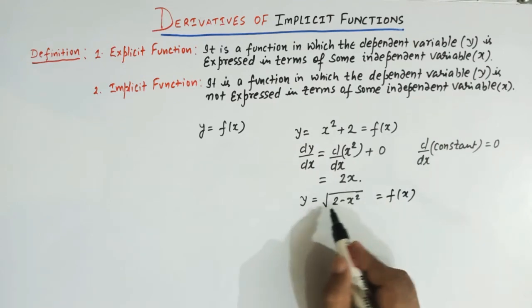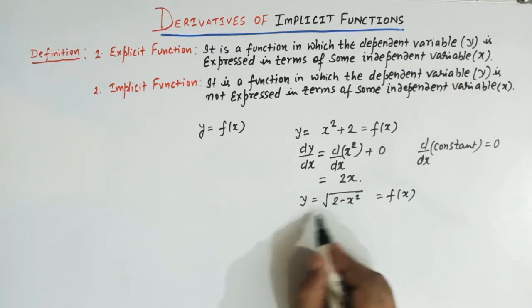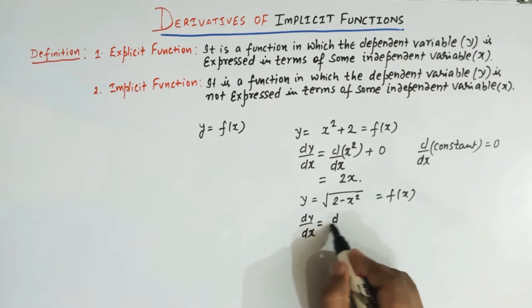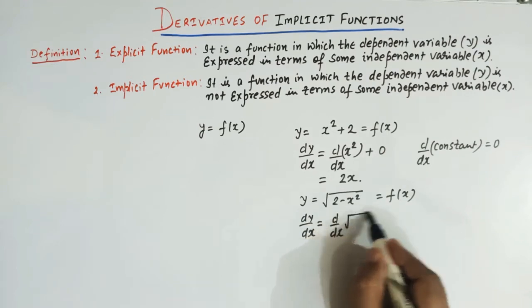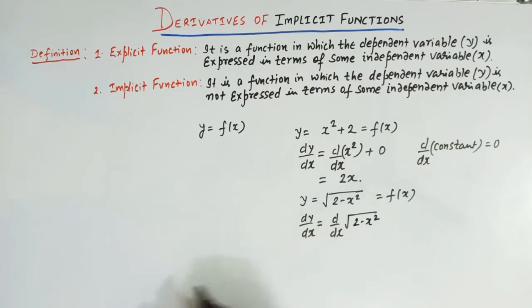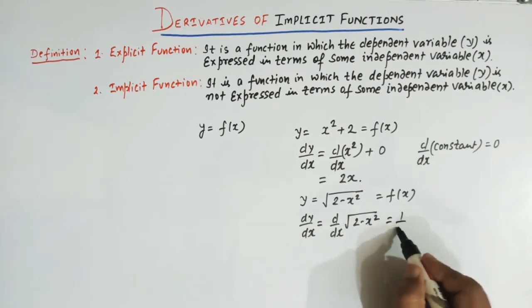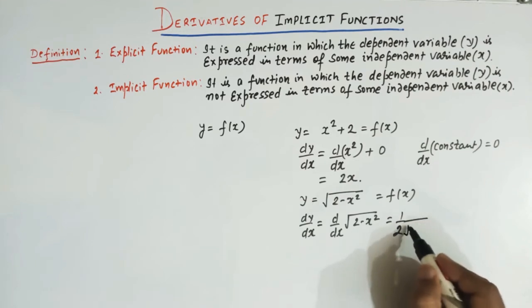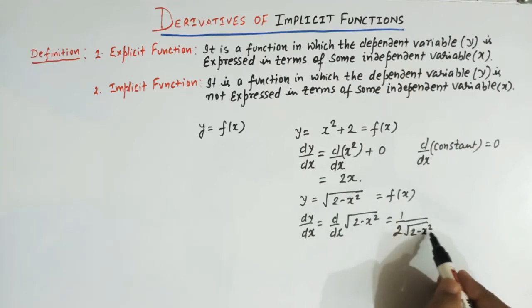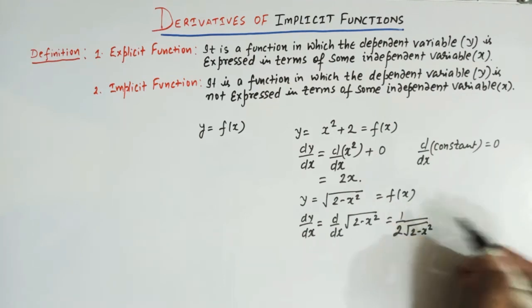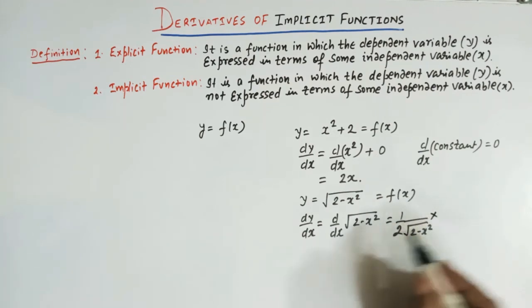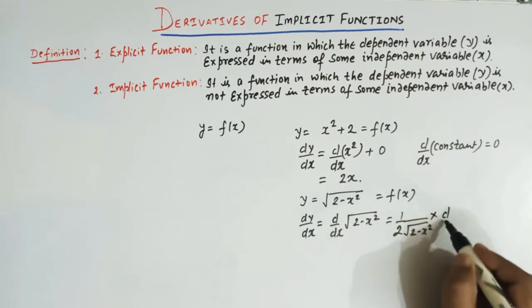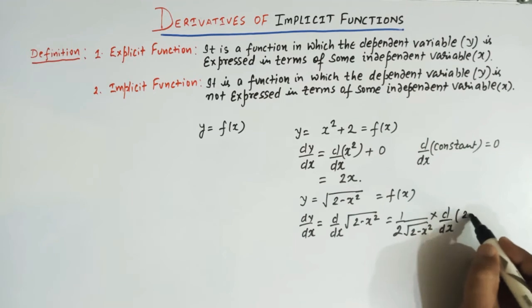Here if we want to find the derivative, then differentiating both sides with respect to x, we have dy over dx is equal to the derivative of square root of 2 minus x square. Now this is equal to 1 over 2 times square root of 2 minus x square, and then we have with the help of chain rule the derivative of 2 minus x square.